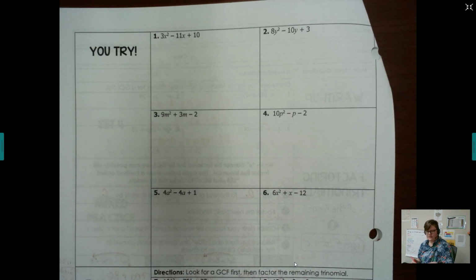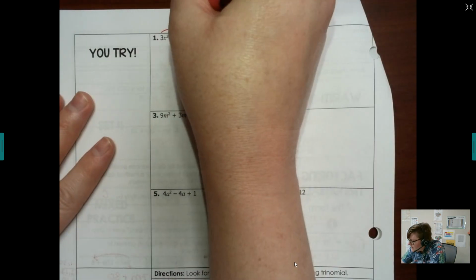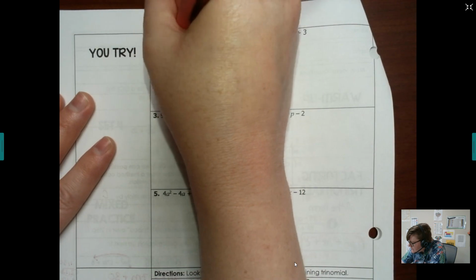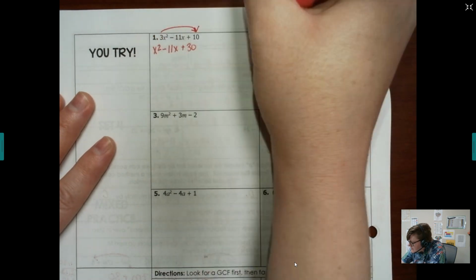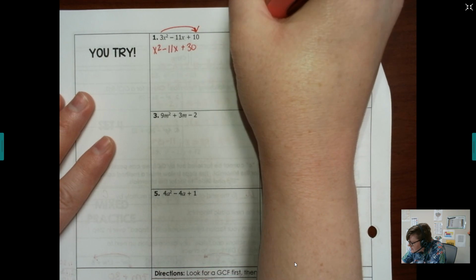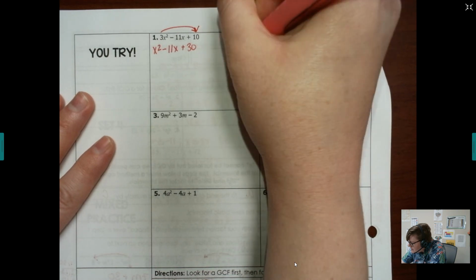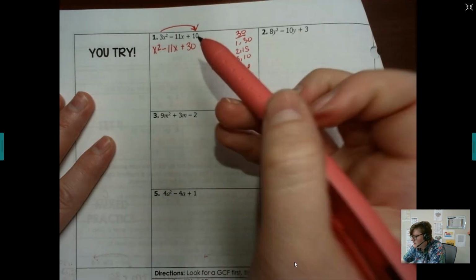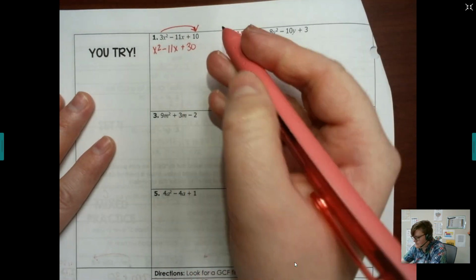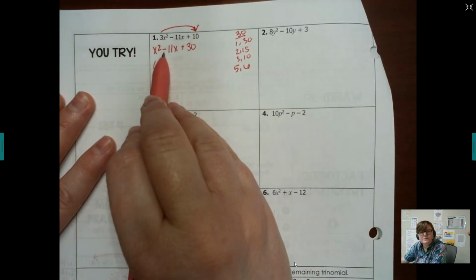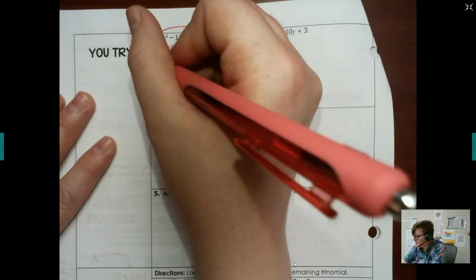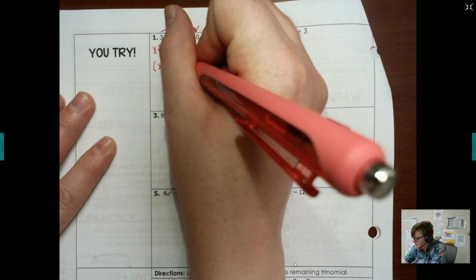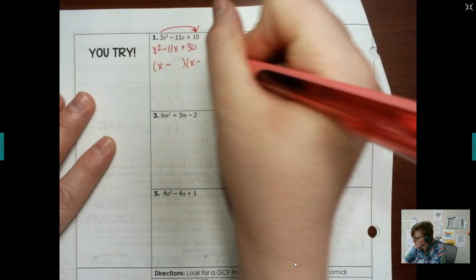Okay, more to practice with. So we got x squared minus 11x plus 30. Okay, these have the same sign, but since the middle's minus, that's both minuses. x minus something and x minus something else.